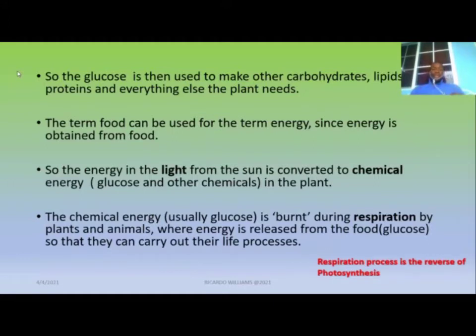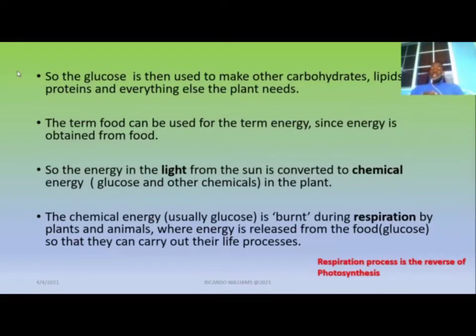The chemical energy, that same glucose, is going to be burnt during respiration by plants and animals, where energy is released from the food so that they can carry out their life processes. So the key is to note that respiration is the process by which energy is released from the food that we consume.